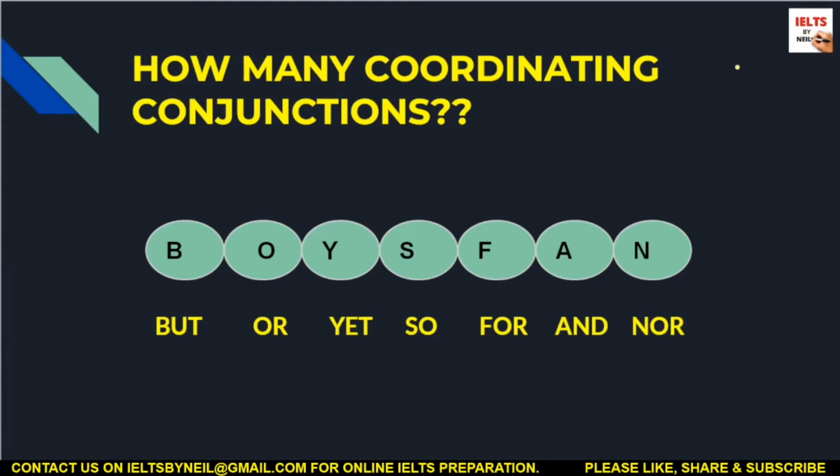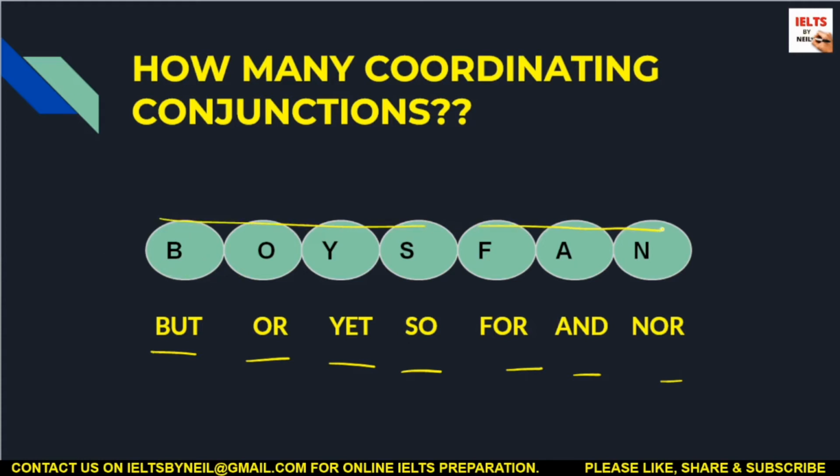In the next slide, let's see what a coordinating conjunction is and how many there are. These small connecting words are coordinating conjunctions. There are a total of 8 coordinating conjunctions, and to learn them, I'll give you a simple formula. Just remember this word, boys fan.